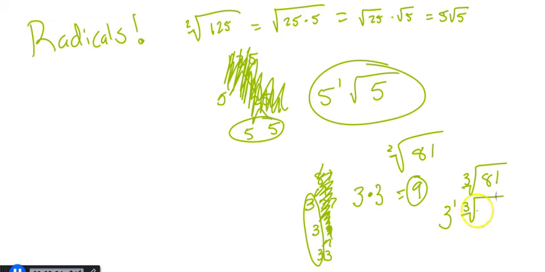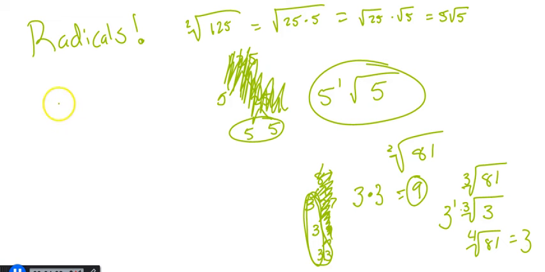And what's left inside is this lonely 3 here. Okay, you can't drop this piece, otherwise you've changed the meaning of the radical. So if it says 4th root of 81, then you're looking for groups of 4, and 1, 2, 3, 4. There you go. That'd be one group that's equal to 3. That's all. So that's the basics of simplifying there.